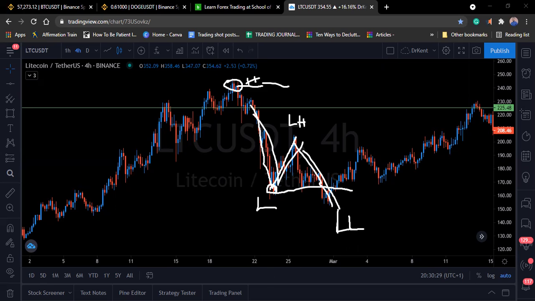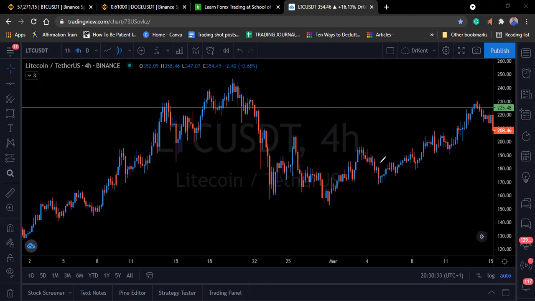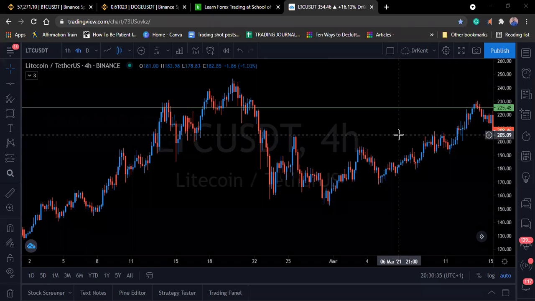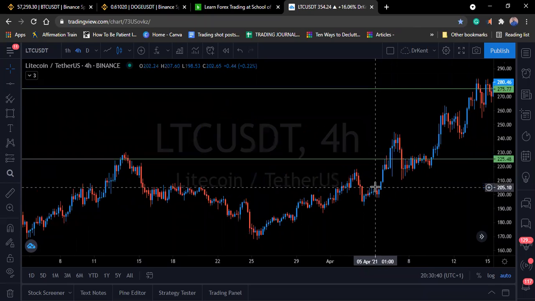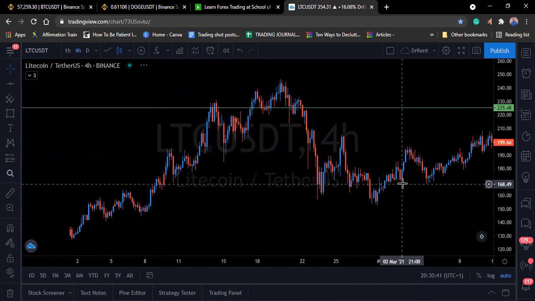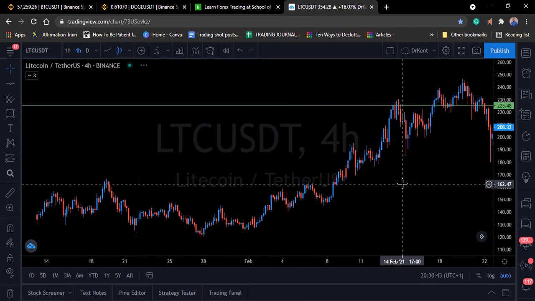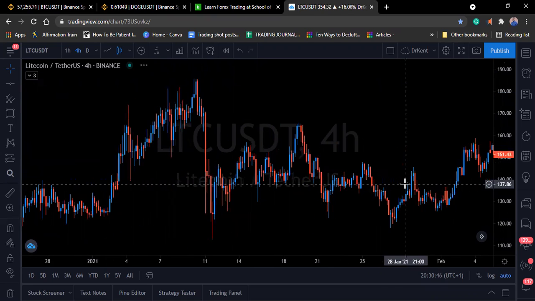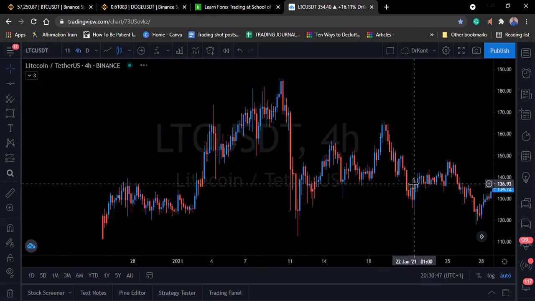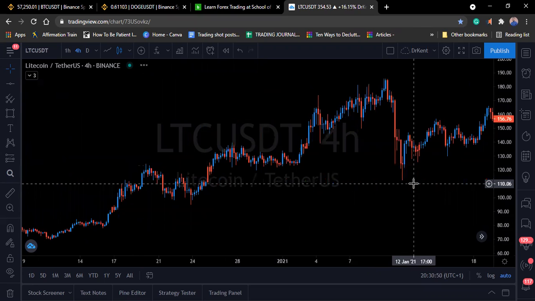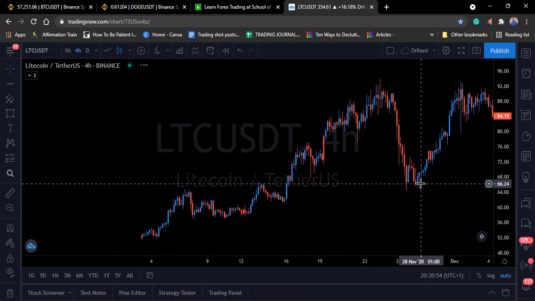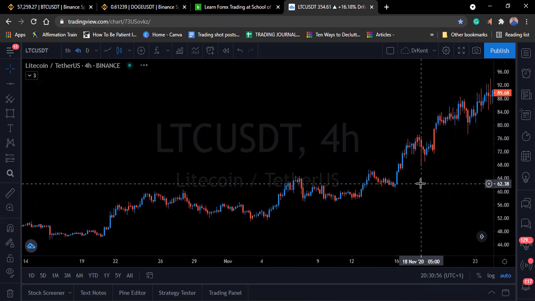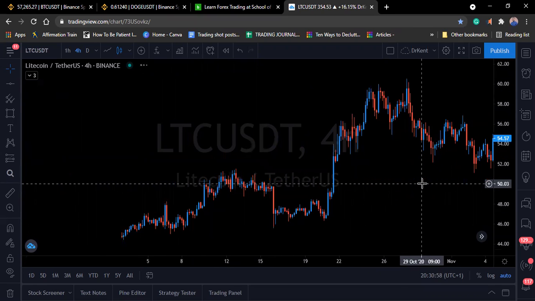Then the final scenario is for the ranging market. Now, in a ranging market, the price is confined in an area, in a box, and is not really moving.